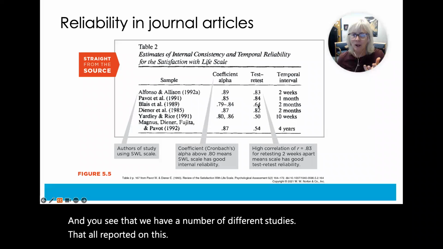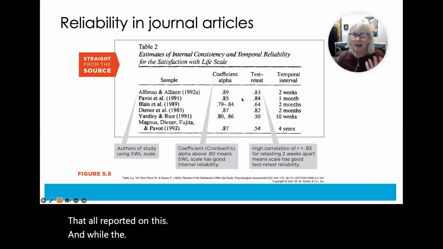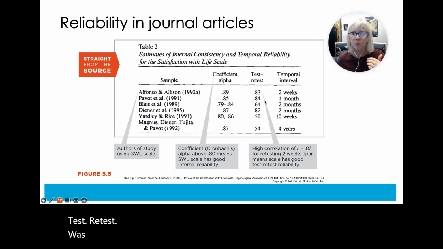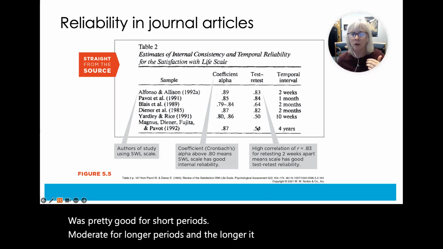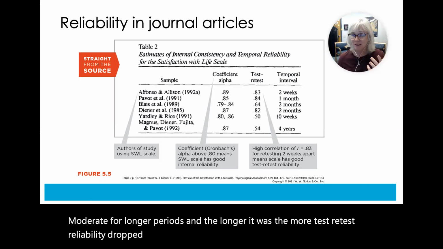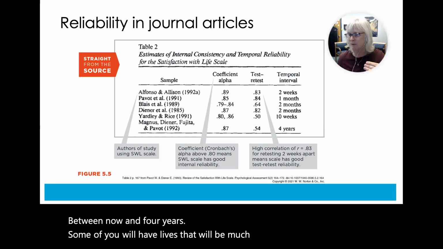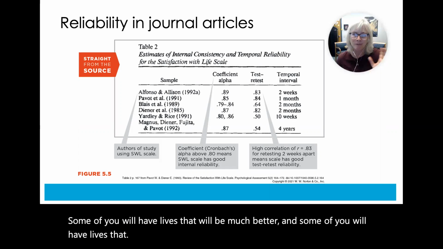And while the AIC or coefficient alpha differed across studies, they were all generally pretty good. Test-retest was pretty good for short periods, moderate for longer periods, and the longer it was, the more test-retest reliability dropped. Not surprising. Between now and 4 years, some of you will have lives that will be much better, and some of you will have lives that may have more problems.